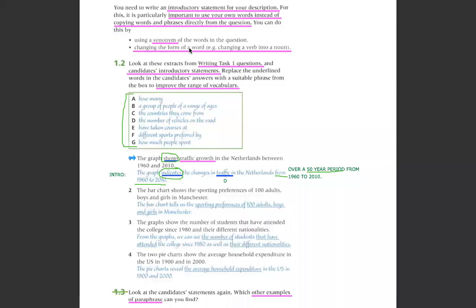Let's have a look at number 2. So please have a look in the box again, find a paraphrase for this sentence and then the second one as well. So you should be giving me 2 letters for number 2. So what is a paraphrase for sporting preferences, and then a paraphrase for 100 adults, boys and girls?